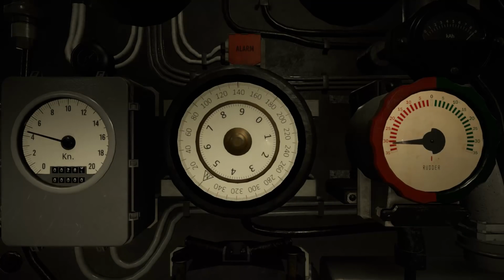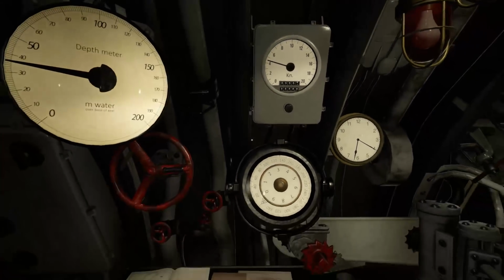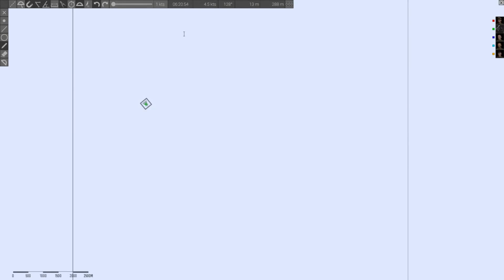But we're going from 140 to 90. And I'm resetting the odometer now. So we know that we now have 288 meters, or probably closer to 280, but we'll just say it's 288. So first things first, going from 140 to 90, and we had 288 meters from our starting point.